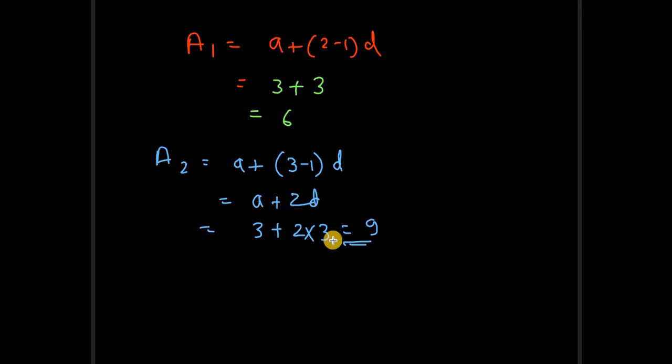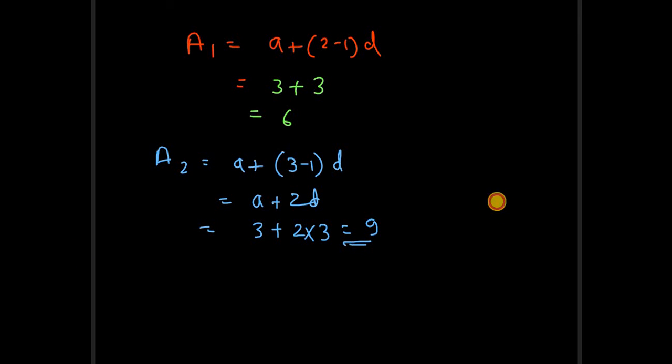So now we can easily find our whole sequence, because we know A, we know D, so we need not always write this for A3, A4, and by using this formula we can easily write the whole sequence. So what will be the sequence?